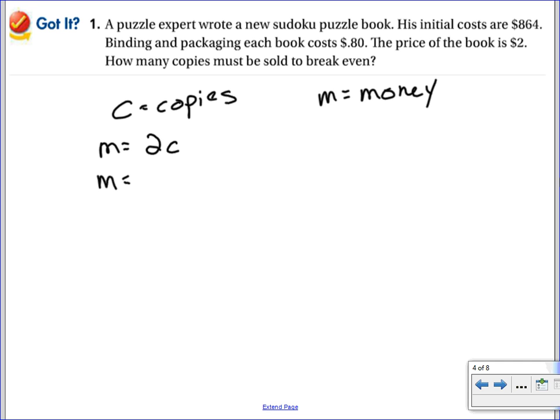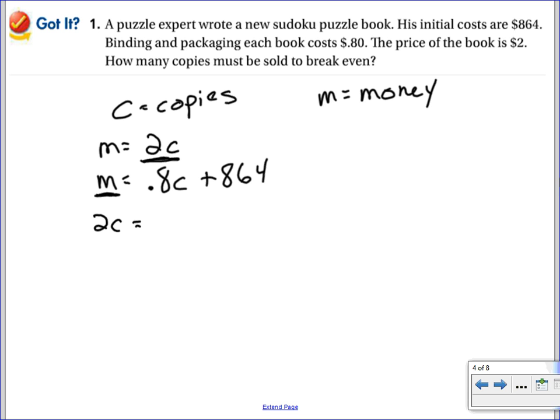The second one is how much money did it cost for them to get going? Well, it's 80 cents per copy to bind it and package it, plus $864 for time, advertising, whatever they're doing to get started. Both equations are solved for M already, so we're going to use substitution. I'm going to replace this M with this 2C.